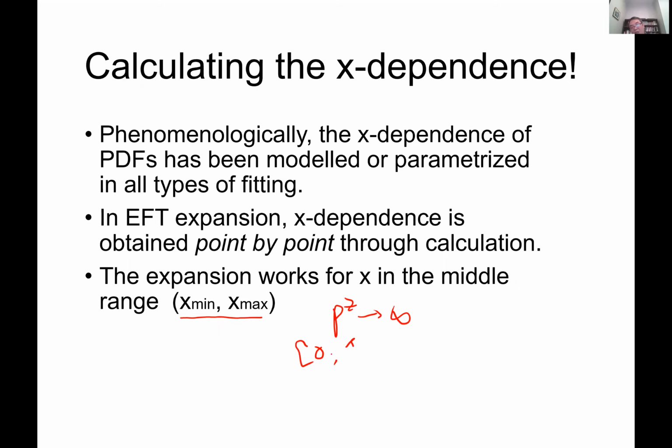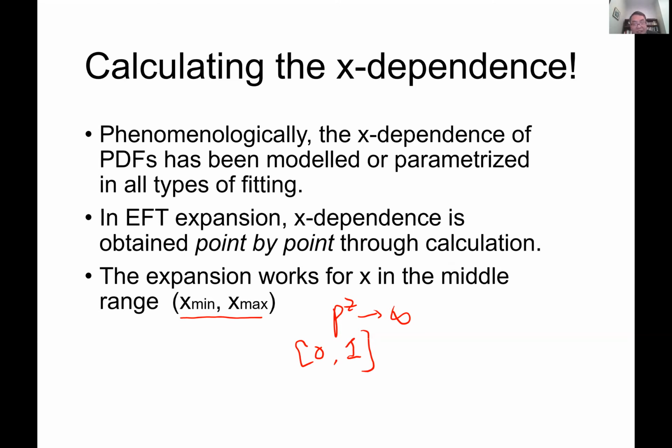This, of course, is expected because I don't think I can calculate x equal to 10 to minus 5 in a computer worth only $2 million, right? To access 10 to minus 5 x, I need an extremely high energy collider. It's going to cost billions of dollars to get there. And theory calculation has the same limitation. If I want to go to extremely small x, I have to have a large pz, and in this case, I need a lot more computer resources.